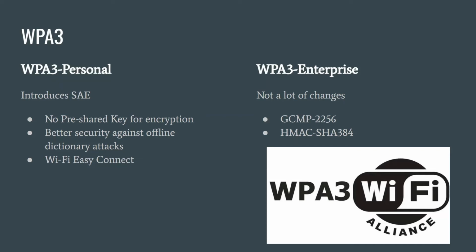It's still considered best practice to be using 802.1X with some sort of Extensible Authentication Protocol, EAP, alongside WPA. But they did add some new encryption options such as 256-bit GCMP and 384-bit HMAC and secure HMAC, and they are requiring protected management frames in WPA3 Enterprise.